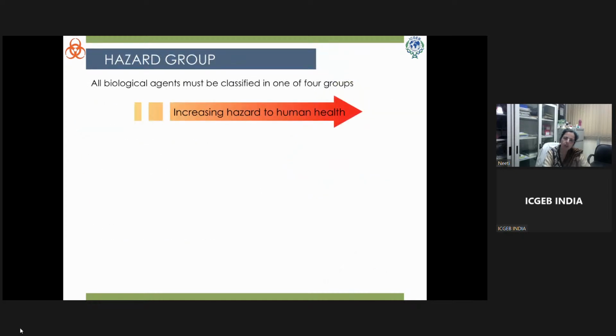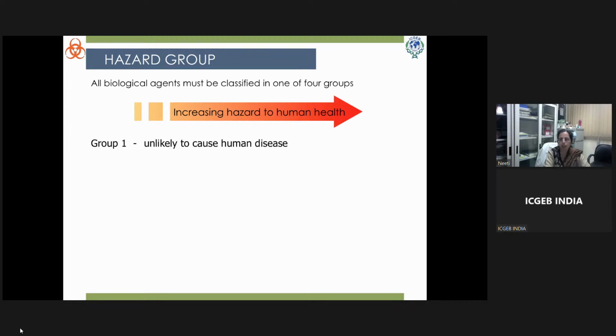Before going into that, we need to understand what the hazards are. The hazards here would be all kinds of biological agents, like I mentioned, either the pathogens or the tissues that we are handling, and based on the degree of pathogenicity, that is the increasing hazard to human health, they have been classified into 4 groups.